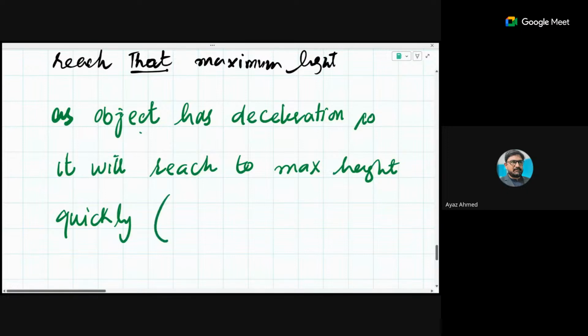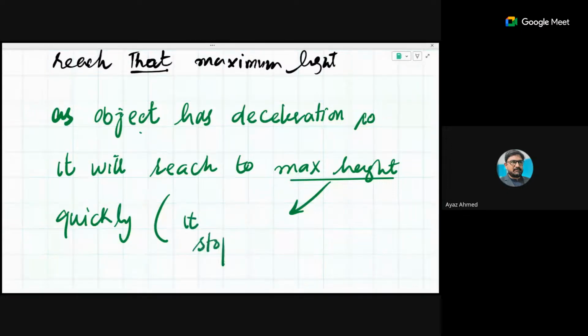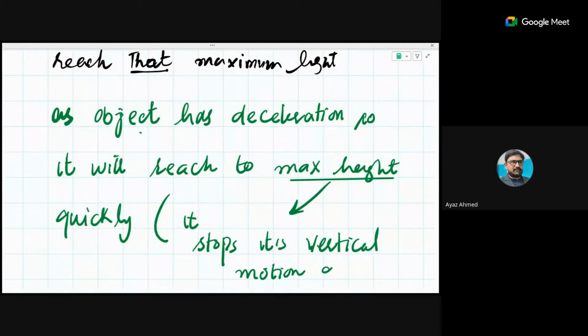Because what is the maximum height? The maximum height is the point where its vertical velocity goes to zero. So to stop its vertical motion, it reaches its vertical height quickly, and it stops its vertical motion quickly. That is why it comes back.